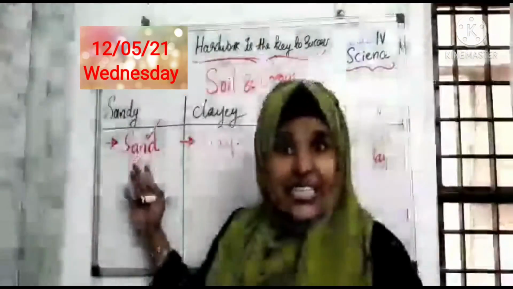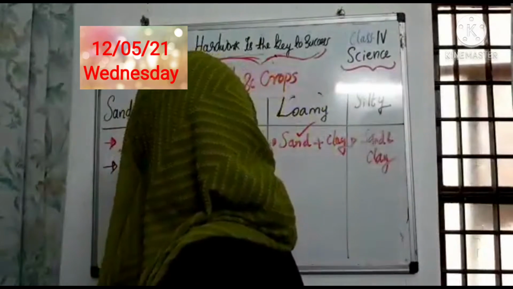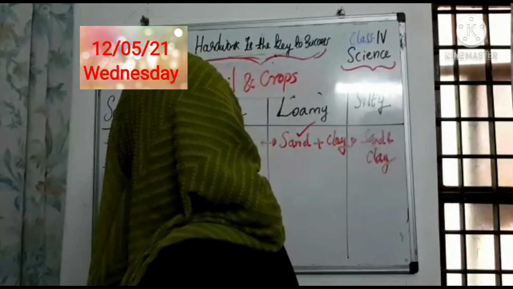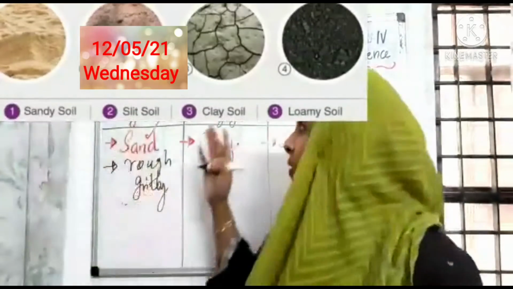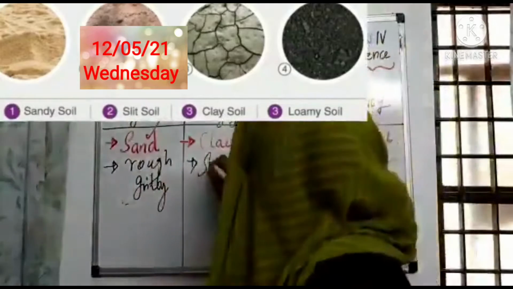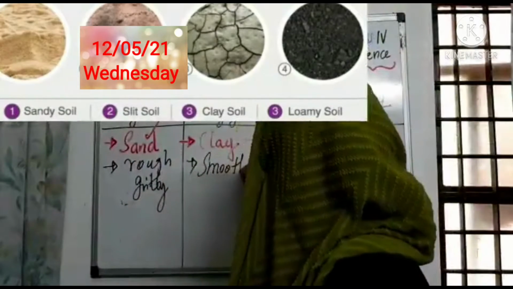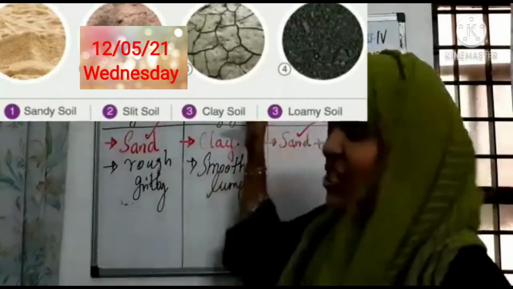Sandy soil feels very rough and gritty. Which one, children? Sandy soil. Then what about clay soil? Clay soil feels very smooth and lumpy. Which one, children? Clayey soil.